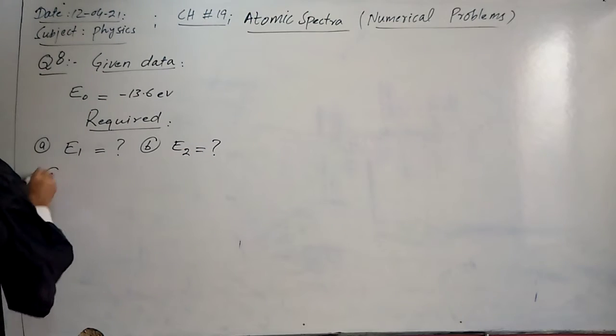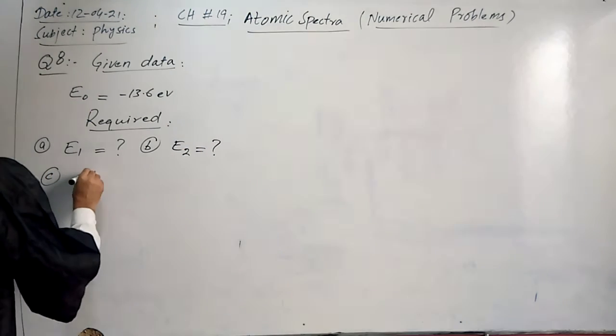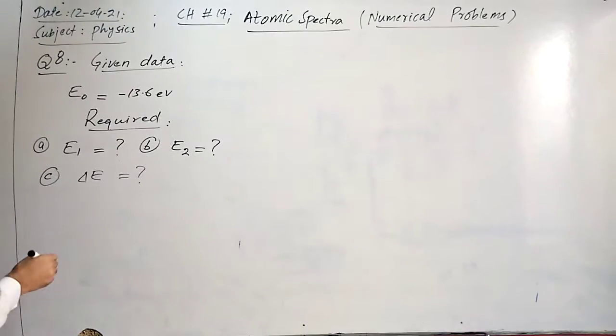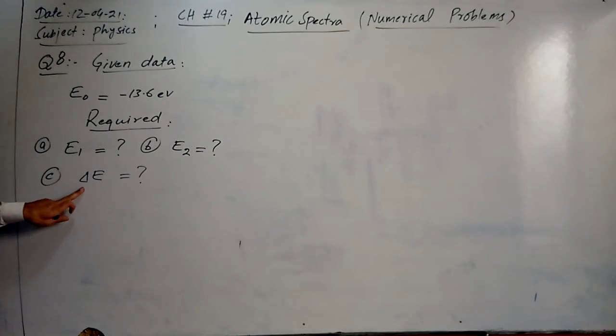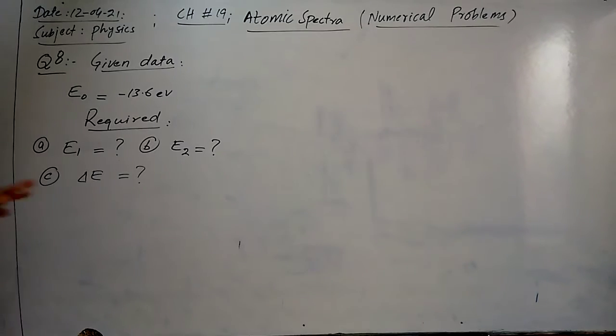And third, delta E is to be calculated, which is the energy when the electron jumps from the first orbit to the second orbit. So we have different formulas for these. Let's start.